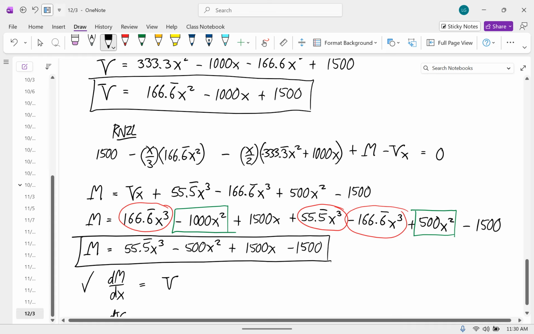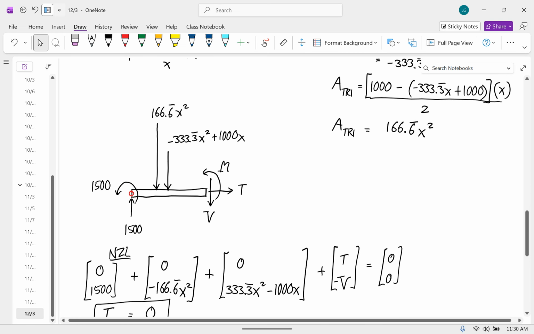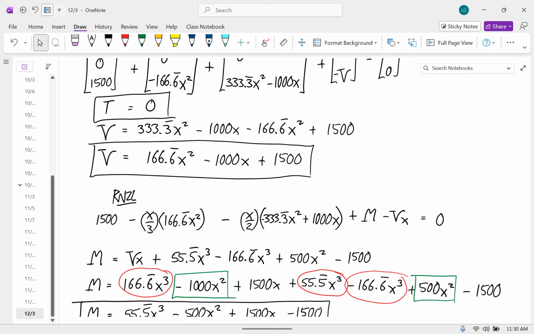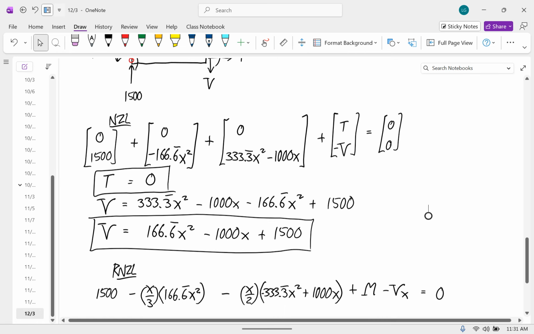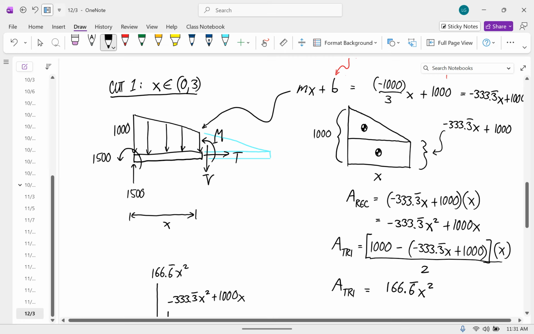So negative dv dx is negative 333.3x plus 1,000, which is what we want, because that is our original Q value, negative 333.3x plus 1,000.